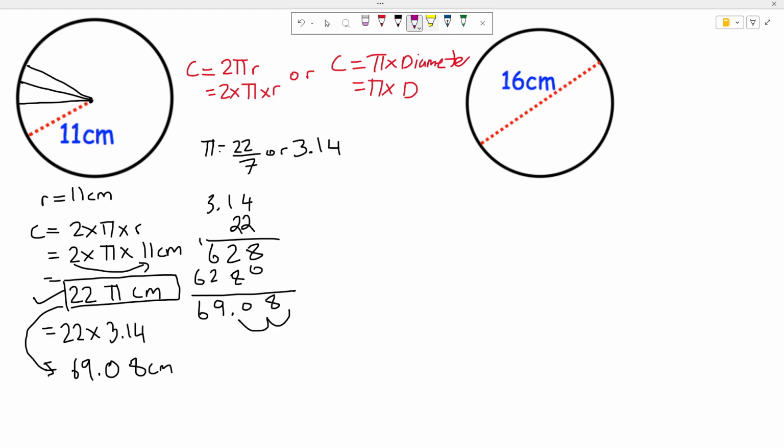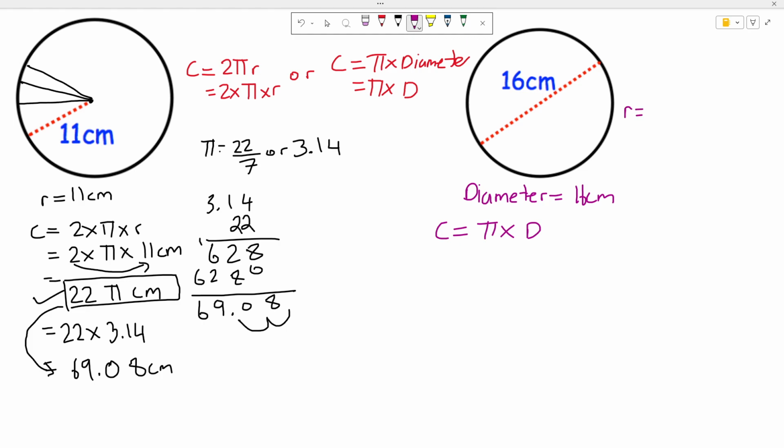Now in question number 2 guys, as you can see, the line given is the diameter. So we know that the diameter is equal to 16 centimeter. There are 2 ways you can go about this. Either you can use the circumference formula, pi multiplied by the diameter itself, or you can find the radius.